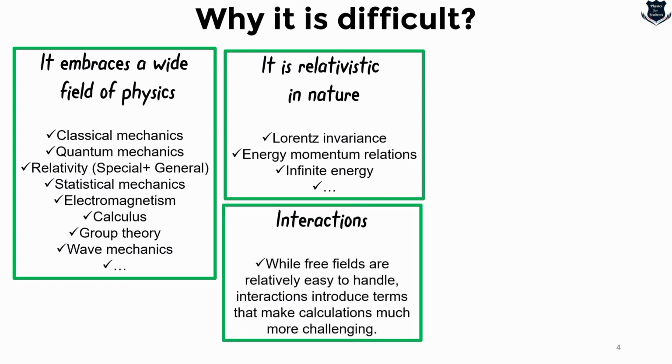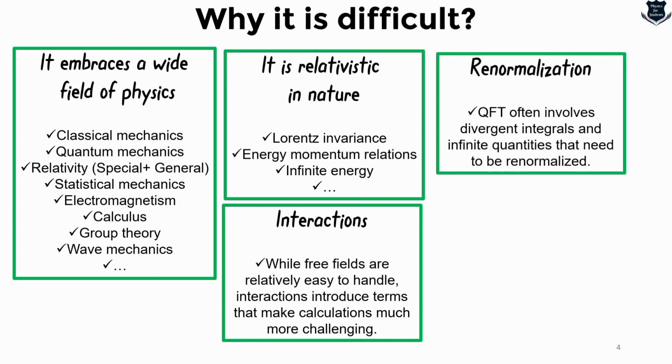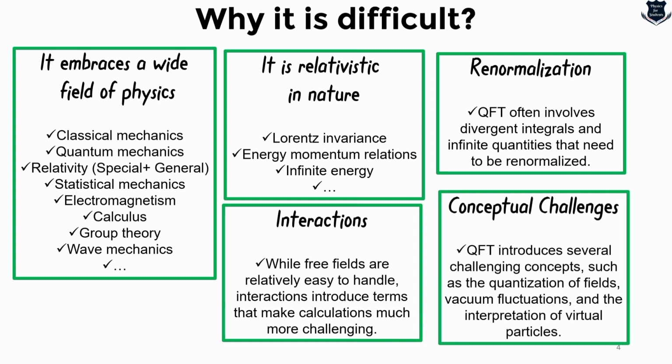We have also seen that it leads to interactions of particles, which makes the calculation much more challenging, and it includes various degrees of infinities, which are technically termed as renormalization, which also makes the concept very challenging. And there are certain conceptual challenges which include vacuum fluctuations and other interpretations of virtual particles. So this was basically the reason why we call it difficult.